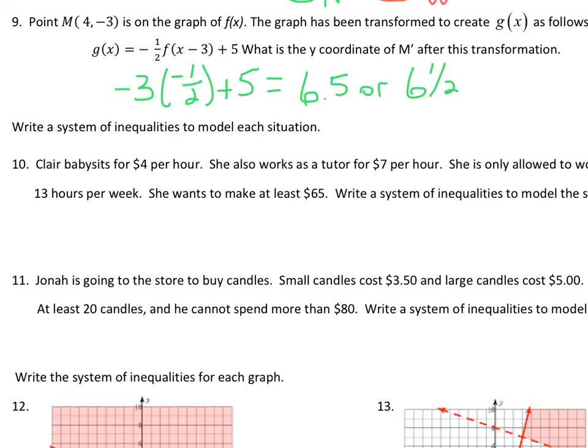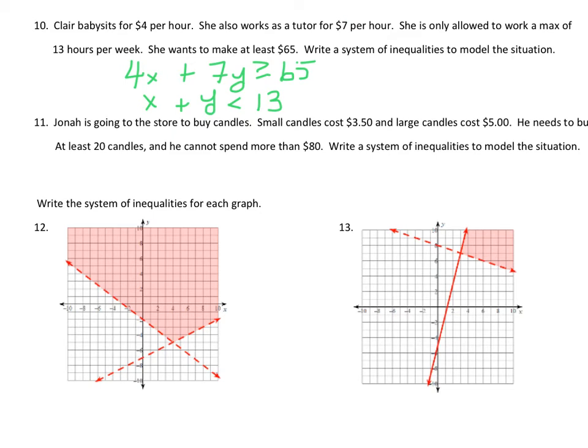All right, so in the next two problems, we're just writing a system of inequalities to model each situation. Okay, so let's look and see what we have here in this problem. All right, so we have $4 per hour and $7 per hour. These are her two jobs, and we would call this one X, and we would call this one Y. And the amount of money she wants to make has to be at least $65.